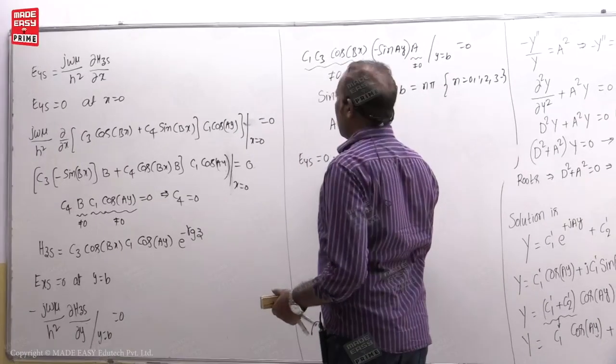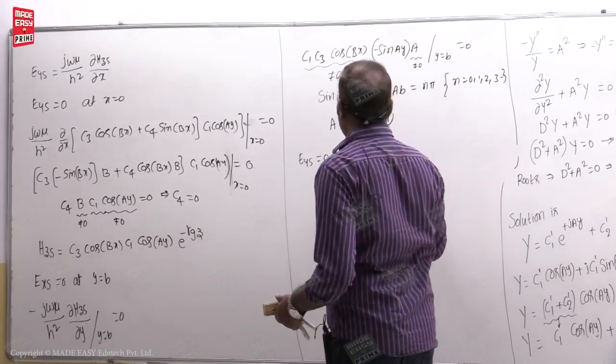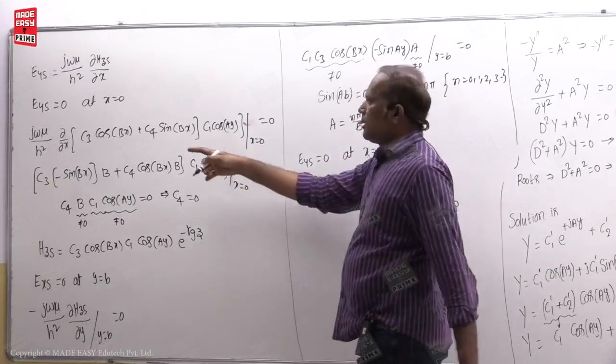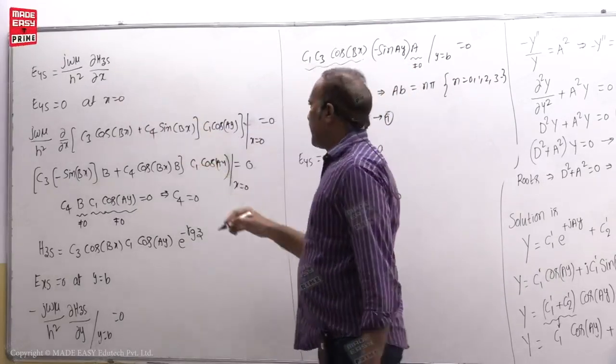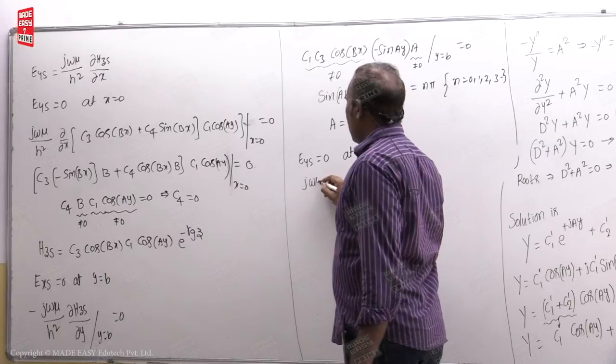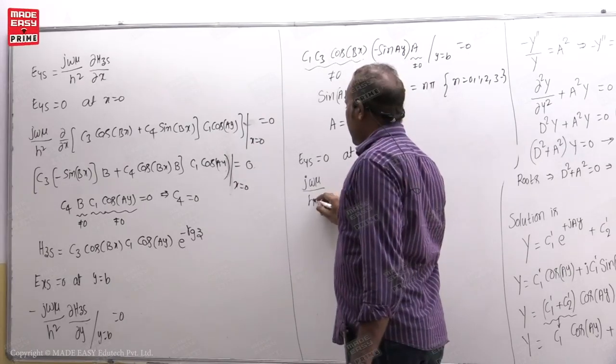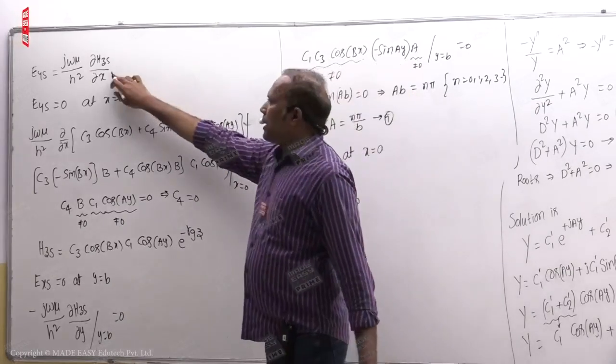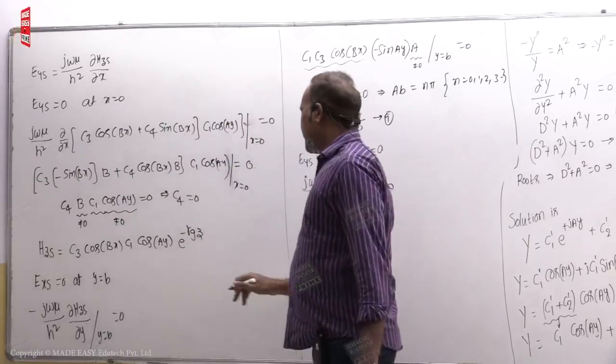Ey s is equal to 0 at x equal to a, students. That Eys means this one: jωμ divided by h², then ∂/∂x of Hz, this is the Hz.